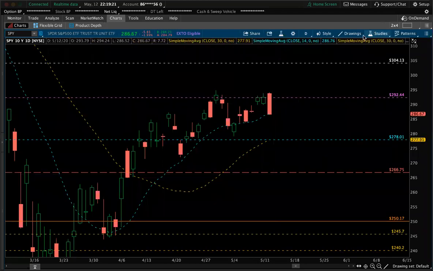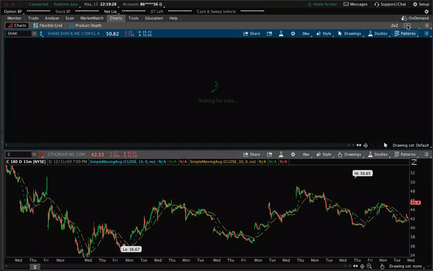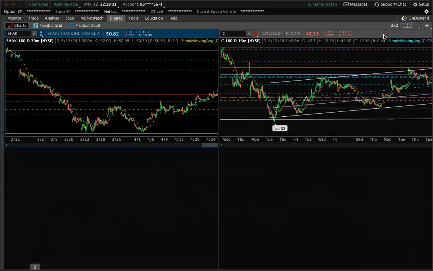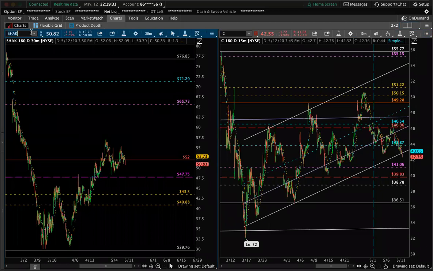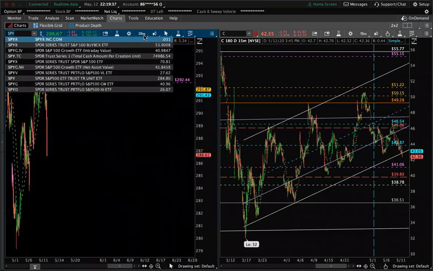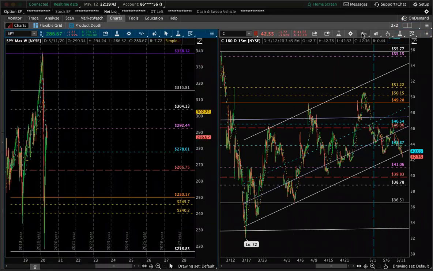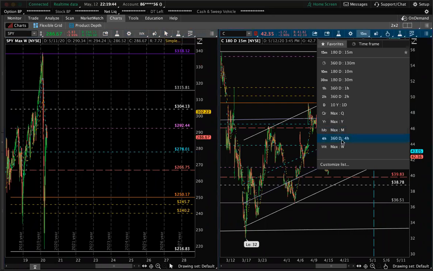So see, that's another thing. Let's go back to side by side again. Get a 2x2. I want to show you something. Bigger time frame to the left, smaller time frame to the right.